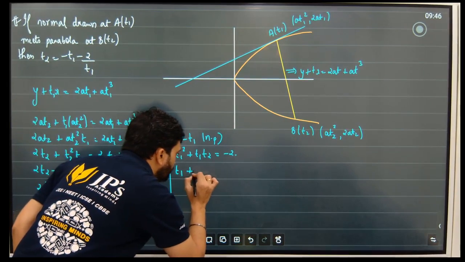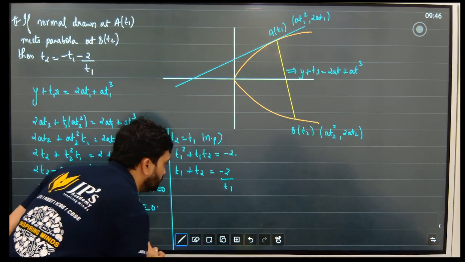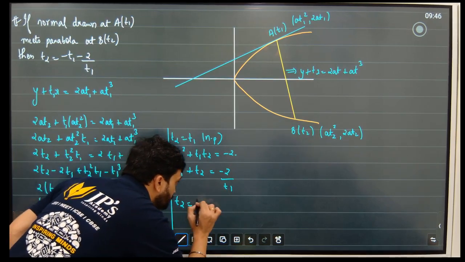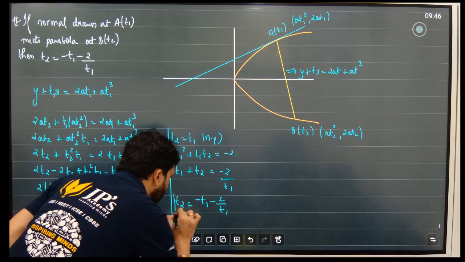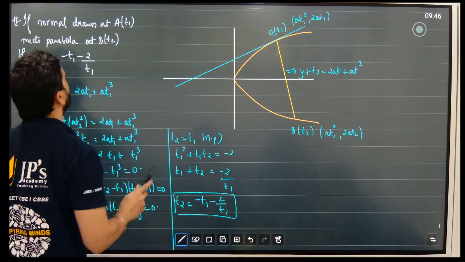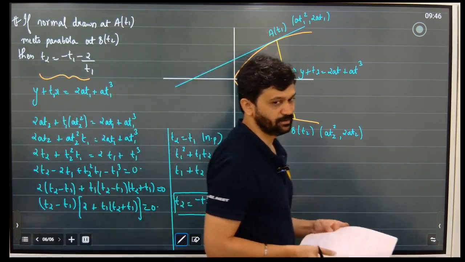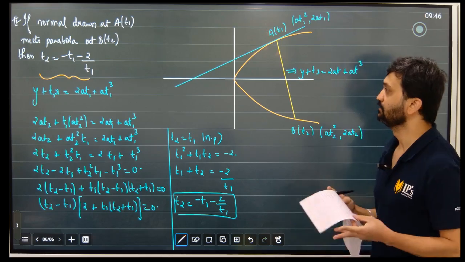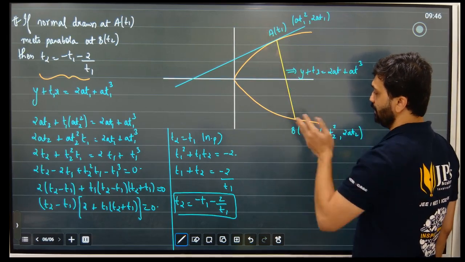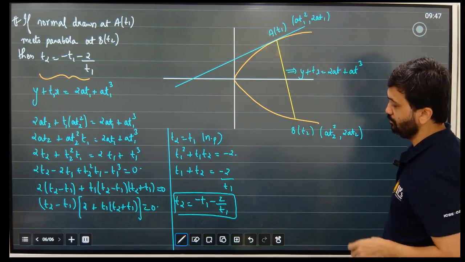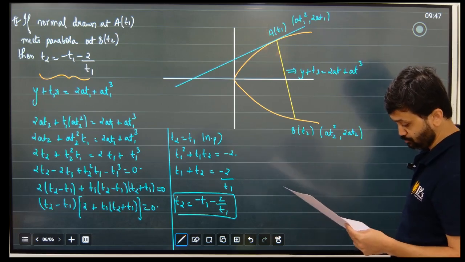So t1 plus t2 is equal to minus 2 by t1. Therefore t2 is equal to minus t1 minus 2 by t1. This is for the parabola. If a normal is drawn from the point At1 to the point Bt2, my formula becomes t2 is equal to minus t1 minus 2 by t1.